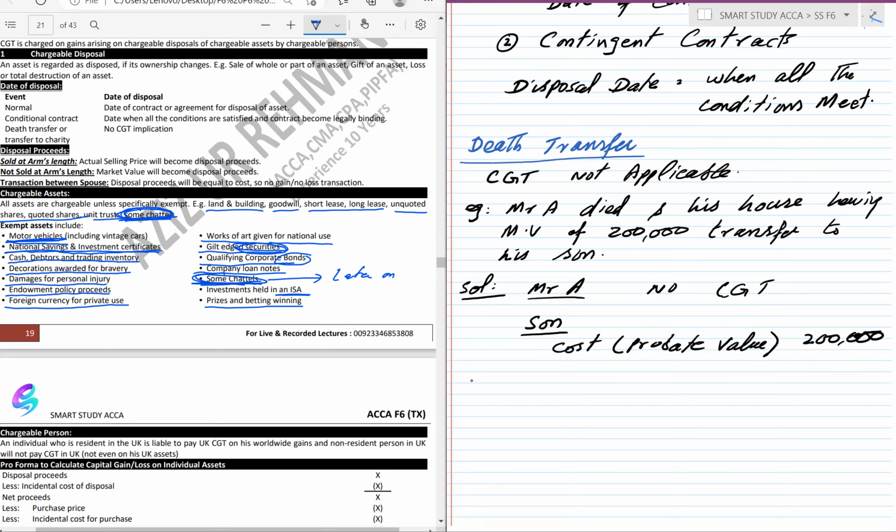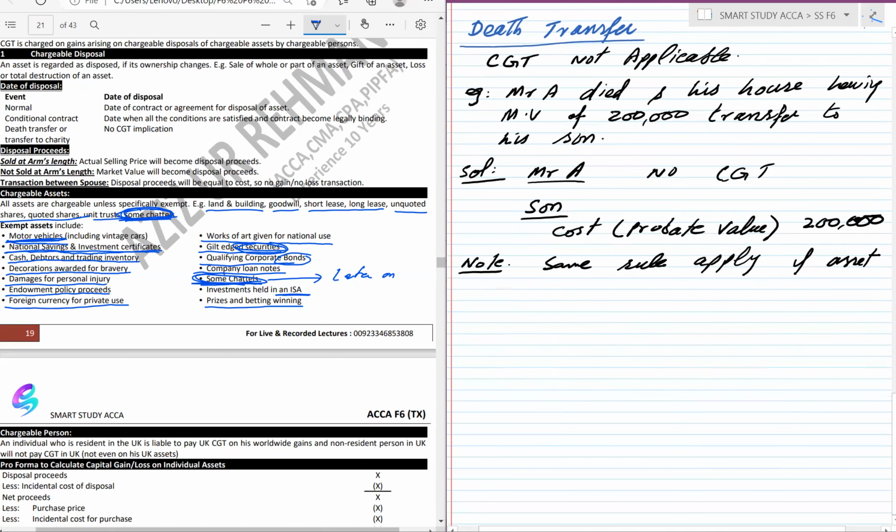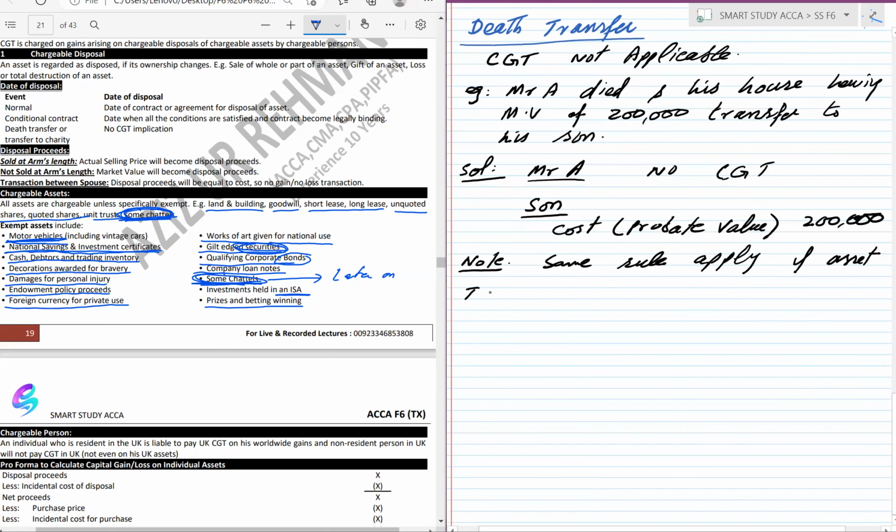And there is a note over here. The same rule applies if an asset is transferred to a spouse on death.